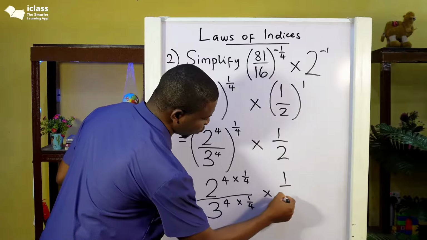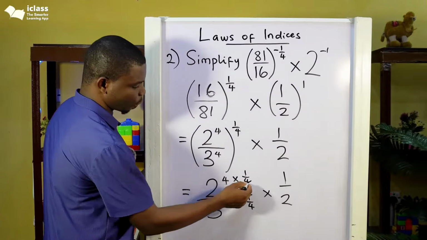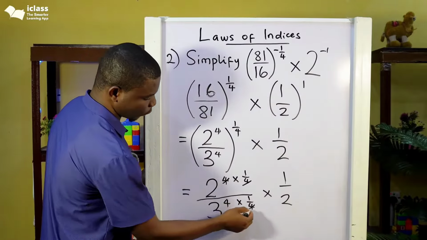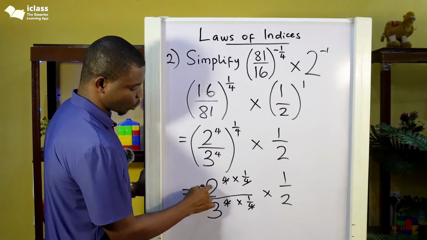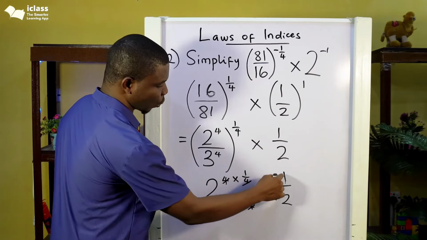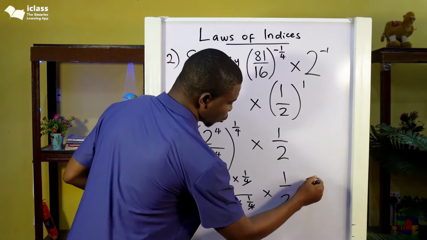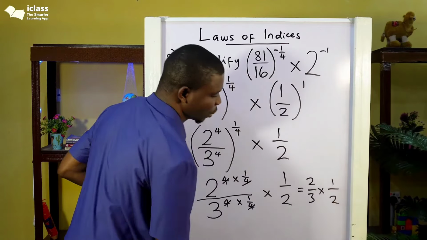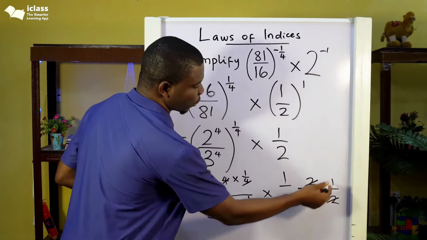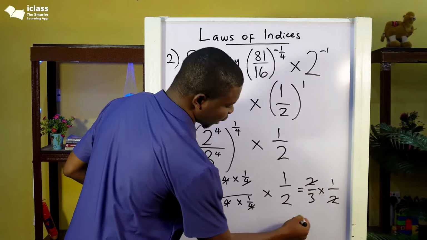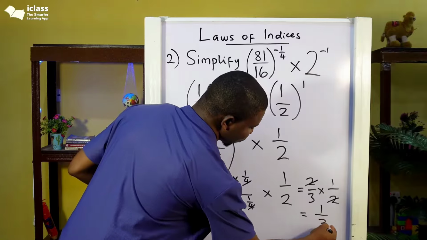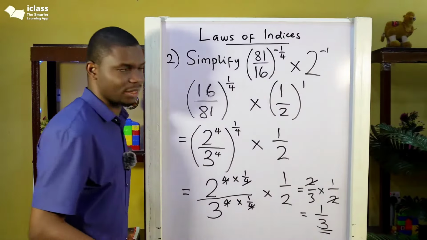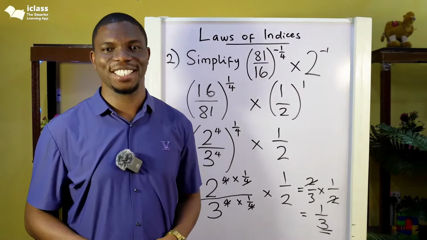Then we have times 1 over 2. 4 we cancel 4. 4 we cancel 4. So we have 2 over 3 times 1 over 2. 2 will go into 2, and we are left with 1 over 3 as our answer. So our answer is what? 1 over 3. I hope you got this.